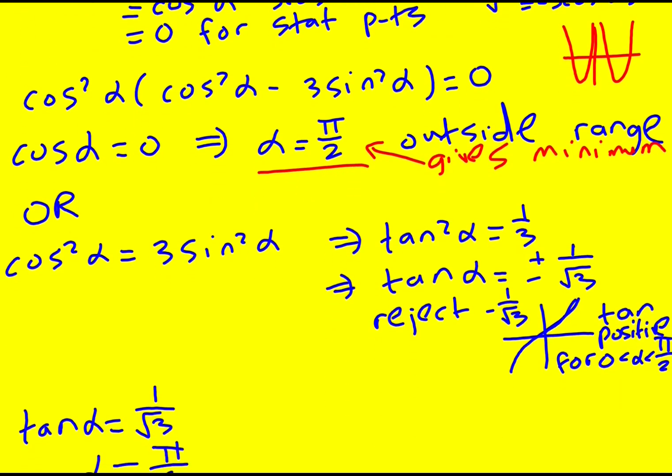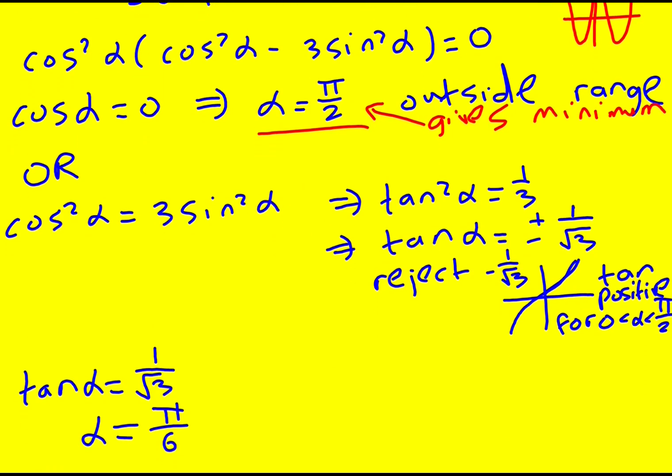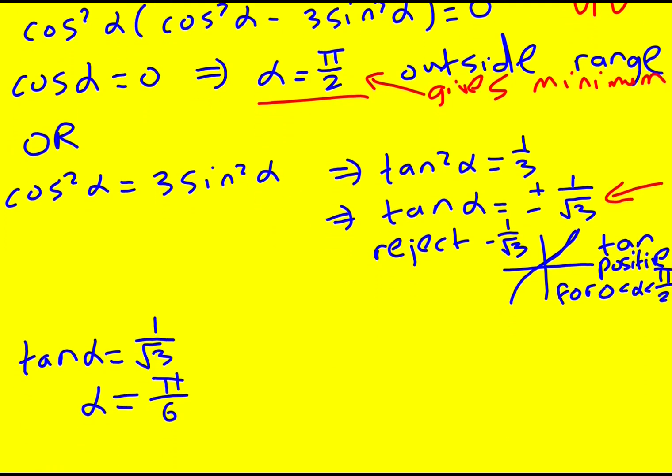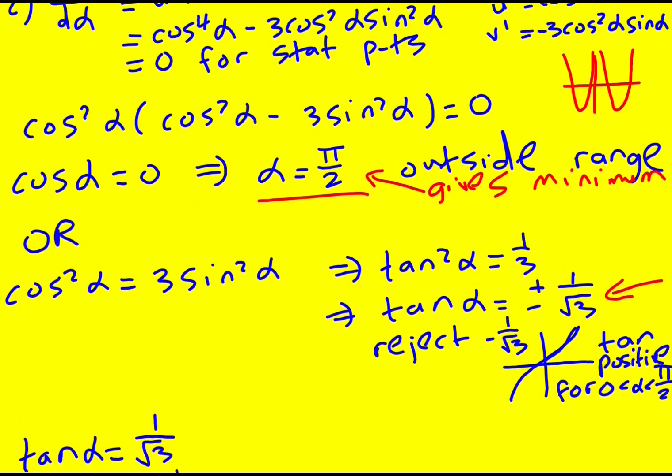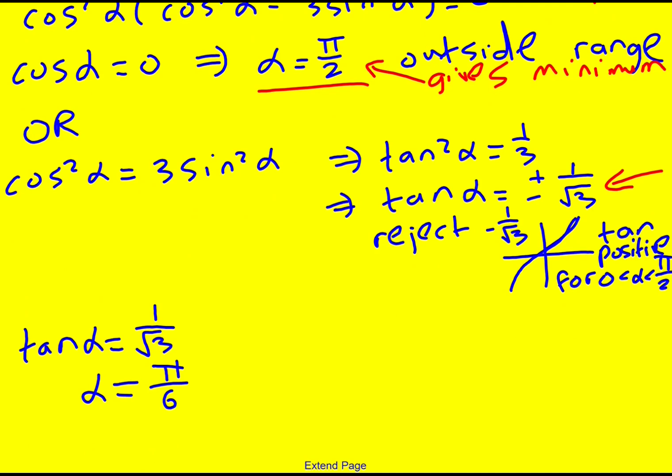Like we've only got these, I mean, we did get the minus answer as well. So, okay, to be really careful, we should check out the second derivative. So let's deal with cos to the 4 minus 3 cos squared sine squared. Remember that was our dR by d alpha.